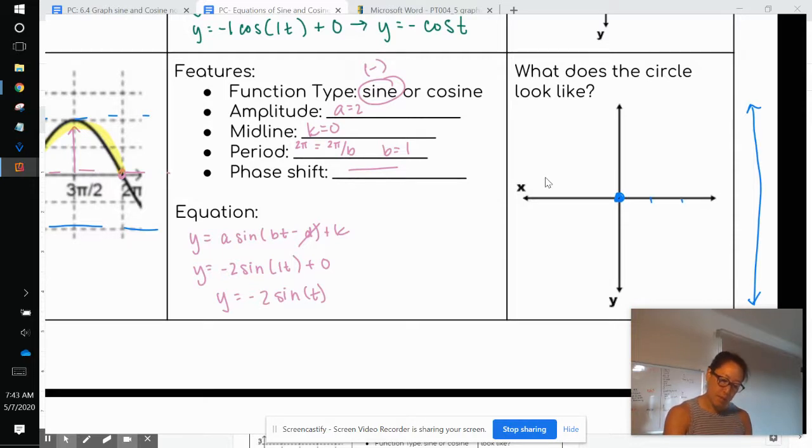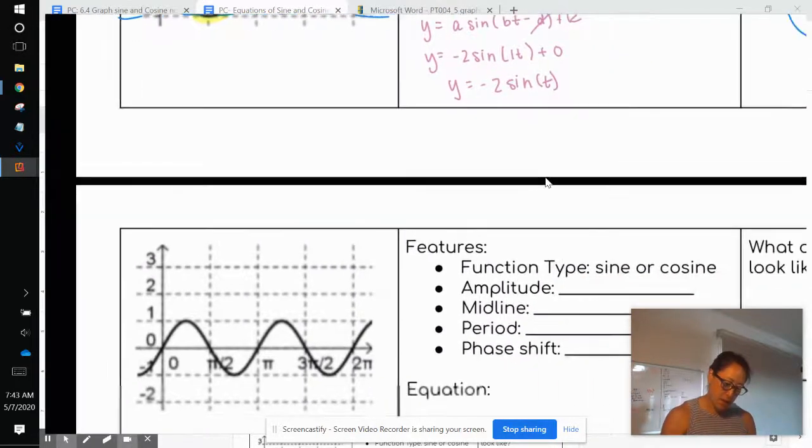This time, the radius is 2. So it's a bigger circle. Okay. And how long will it take me to spin around the circle? It takes me 360 seconds. So it takes me 1 degree per second to spin around. That's it. All right, next.